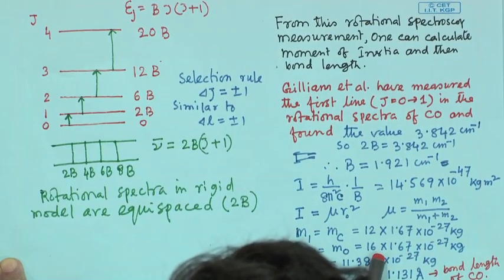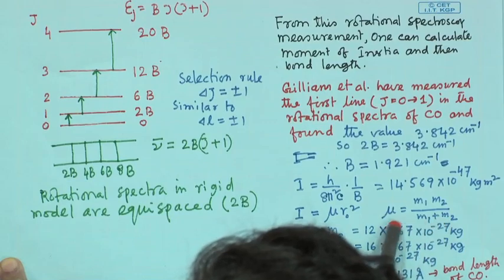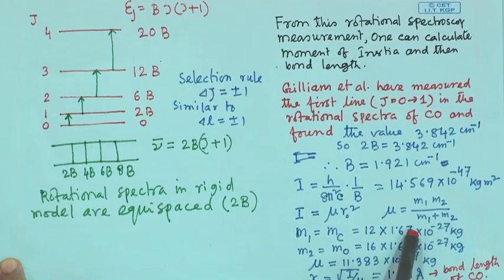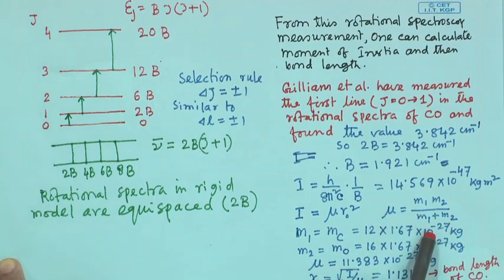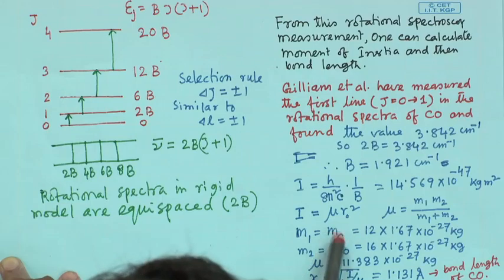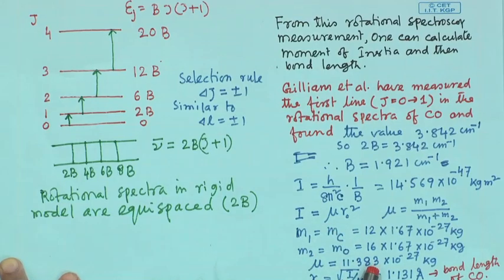Multiply by the mass of hydrogen, 1.67 into 10 to the minus 27, and you will get the mass in kg for carbon and for oxygen.